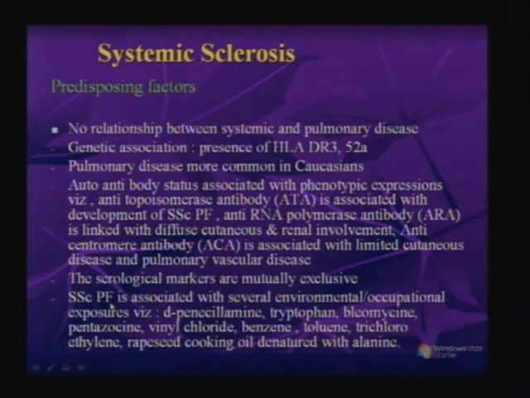Pulmonary fibrosis seen with systemic sclerosis is associated with several environmental agents which expose the patient to pulmonary fibrosis, like D-penicillamine, tryptophan, bleomycin, pentazocine, vinyl chloride, etc.